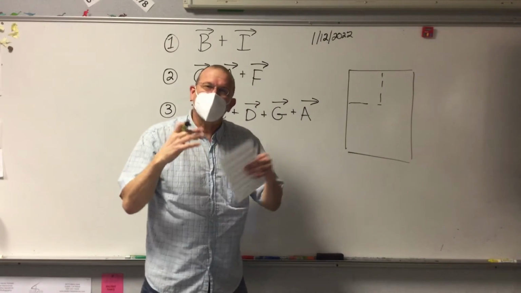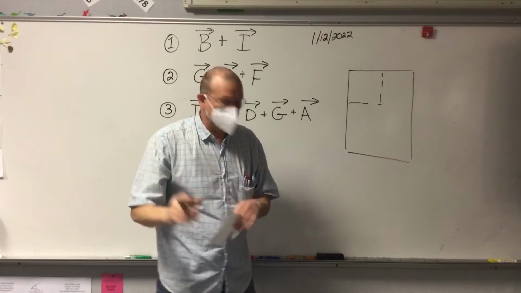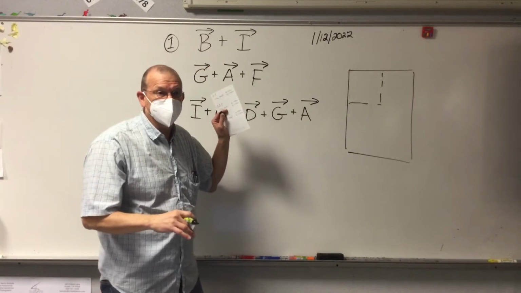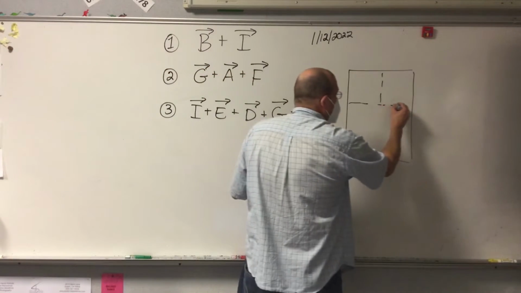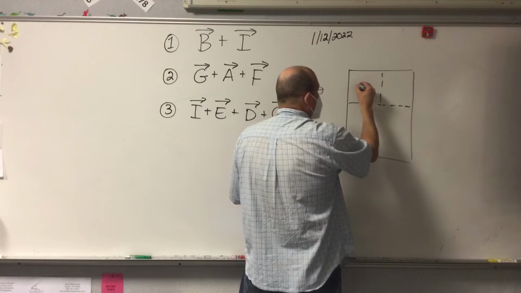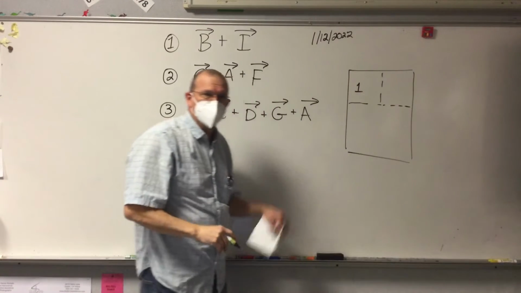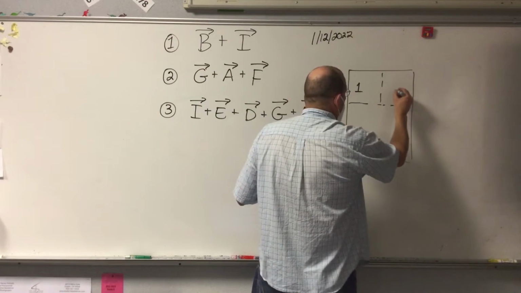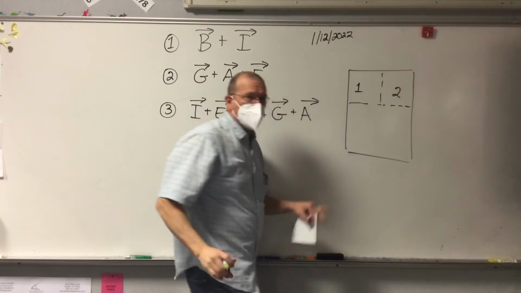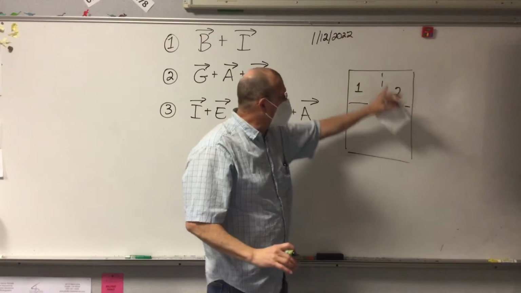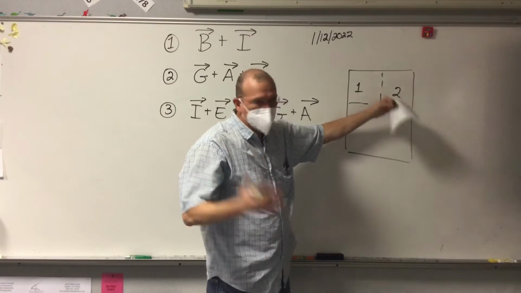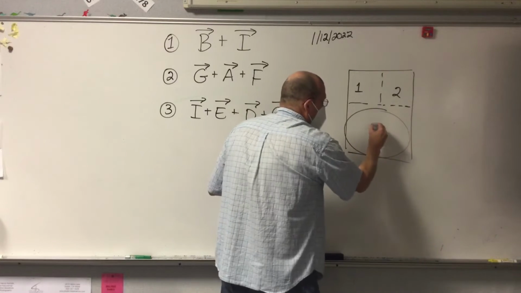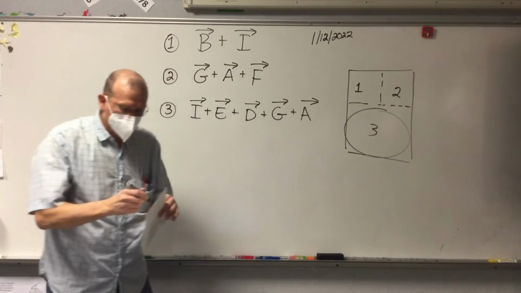If you caught onto that idea, you're easily going to be able to fit all of these on here, okay? But the general idea is that you could fit problem number 1 somewhere in the upper left quadrant area. You could fit problem number 2 over in the right quadrant, and if it comes down a little below that, whatever. And then you have all of this bottom area left for problem number 3.